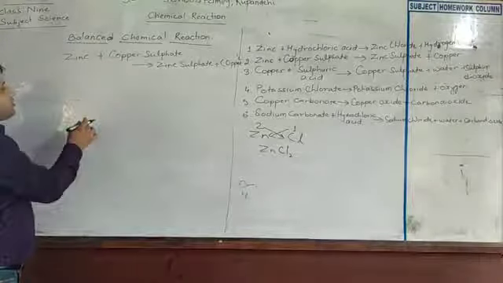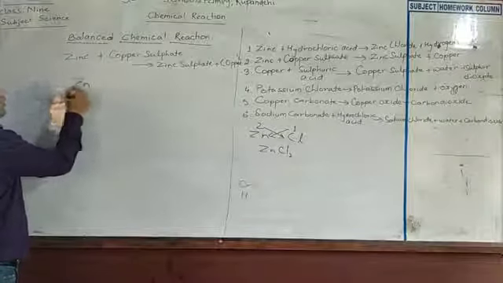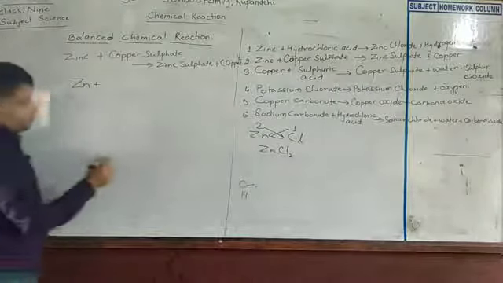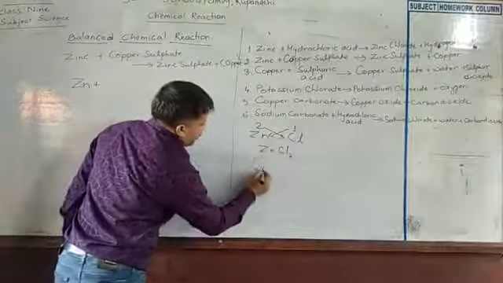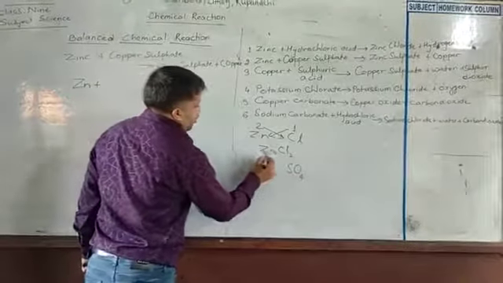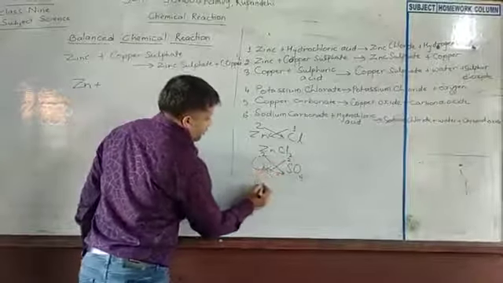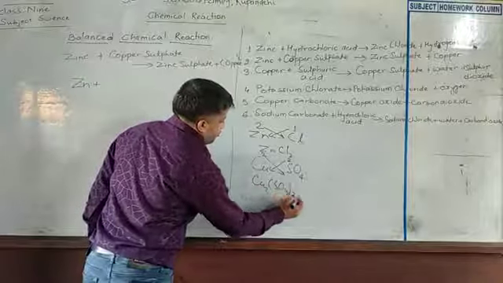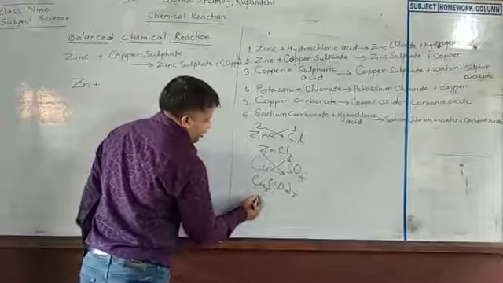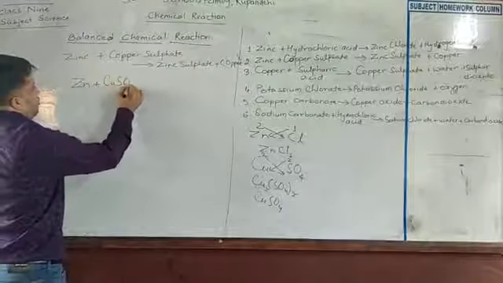So what equation is written? Now convert it into a formula equation. Zinc plus copper sulfate. Copper Cu, sulfate SO4. Copper sulfate is CuSO4.